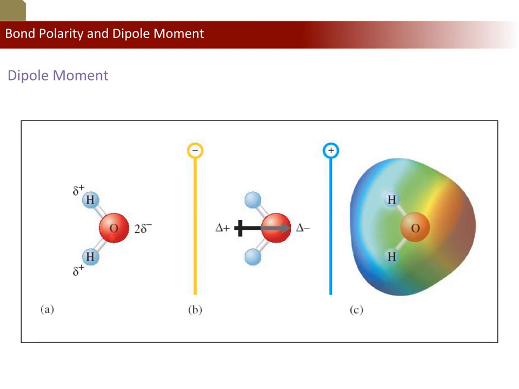And so the bond dipole here between hydrogen and oxygen is pointing in towards the oxygen. Now the bond dipole on the other one is also pointing in towards the oxygen, so the resulting situation is you have two partial negative charges on oxygen and partial positives on the hydrogens. But notice how these vectors are not opposite of one another.